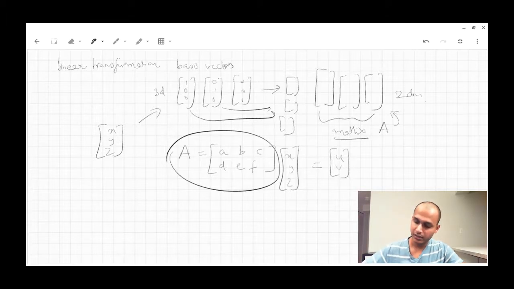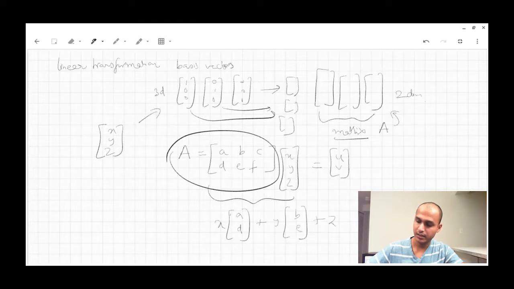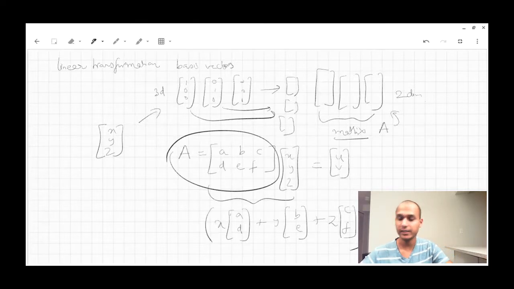We also figured out how it actually multiplies. The multiplication is just x times AD plus y times BE plus z times CF, and then you do the vector addition, the linear combination stuff that we discussed a couple of videos ago.